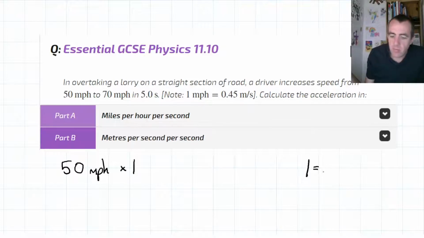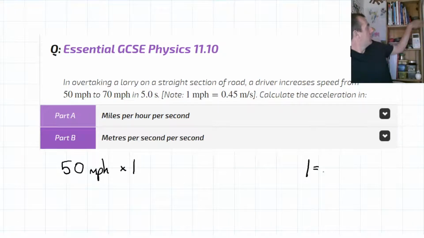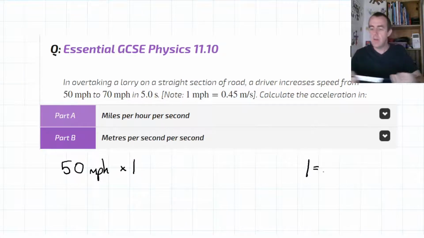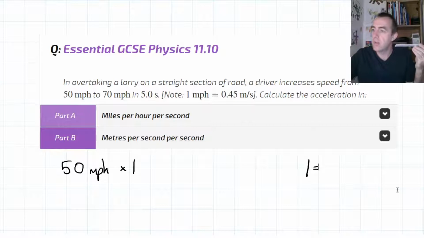But sometimes we're going to have things that are the same, but they are written differently. For example, let's take a ruler out here to show you what I mean. Oh, where's my ruler? Here it is. On my little ruler here, this is a 13 centimetre ruler. Don't be put off by that, it's because it's a slide rule.